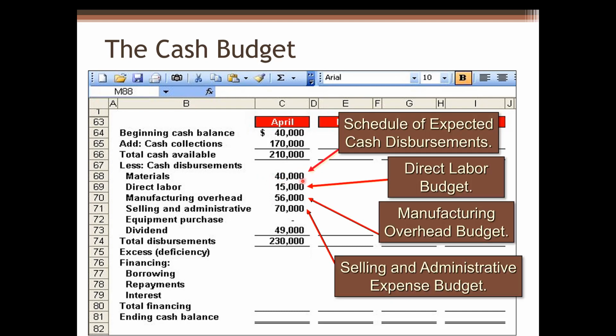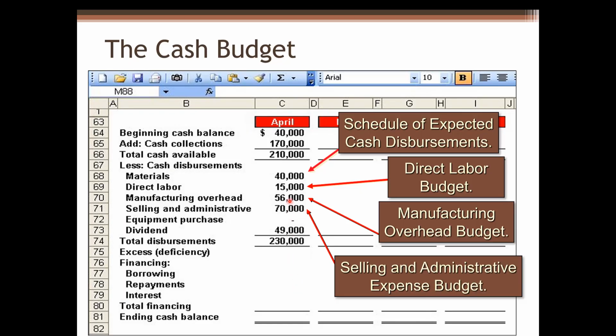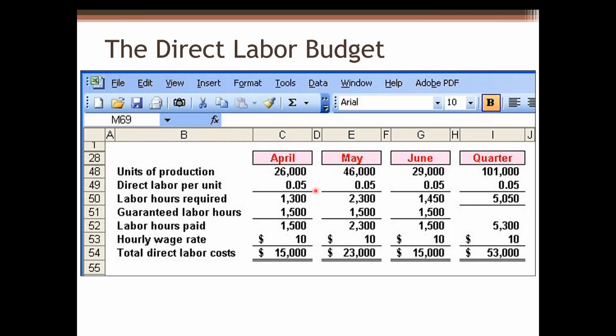Cash disbursements for materials, $40,000 in April. This is from the schedule of expected cash disbursements after we've prepared the direct materials budget. You can go back to the previous slide to find the number. Then cash payments for direct labor are from the direct labor budget, $15,000 in April.